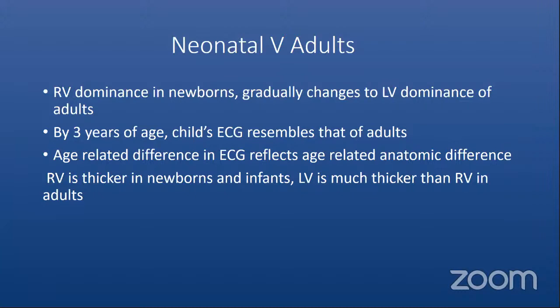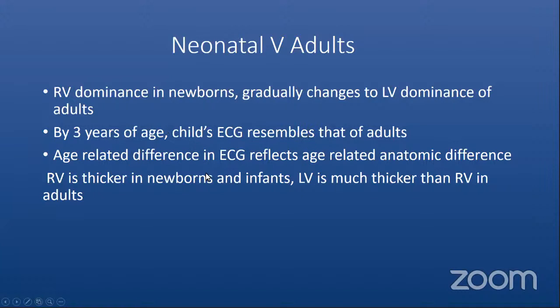So there is RV dominance in the newborn period, which gradually changes to LV dominance in adult life. By 3 years of age, the child's ECG resembles almost that of adults.